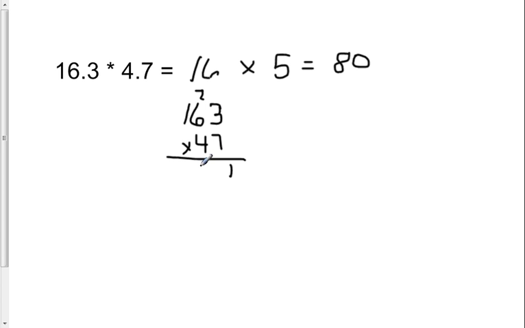Plus 2 is 44. 7 times 1 is 7. Plus 4 is 11. Now I'm going to be multiplying by 40. So there's my 0 for the ones placeholder. 4 times 3 is 12.